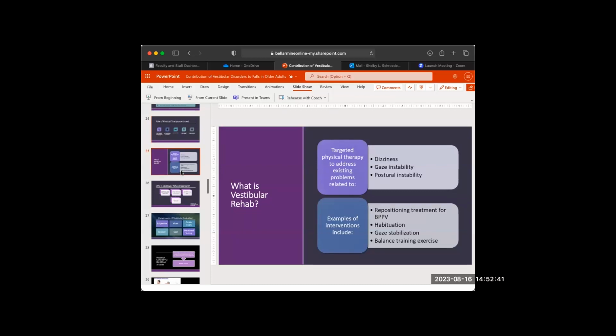Specifically, what is vestibular rehab? We're doing targeted exercises to help with dizziness, the stability of gaze, and balance. What might those interventions look like? We might do repositioning treatments, habituation exercises, gaze stabilization, and balance training.